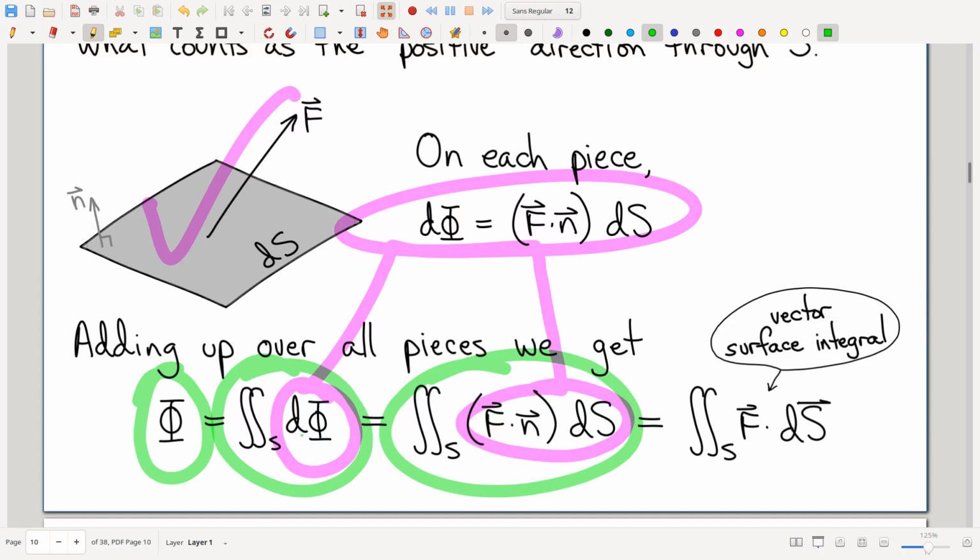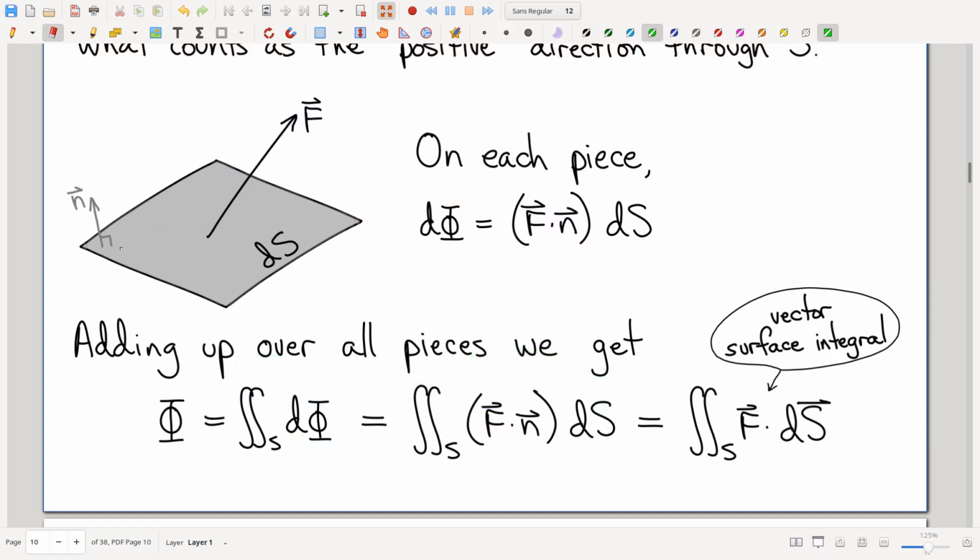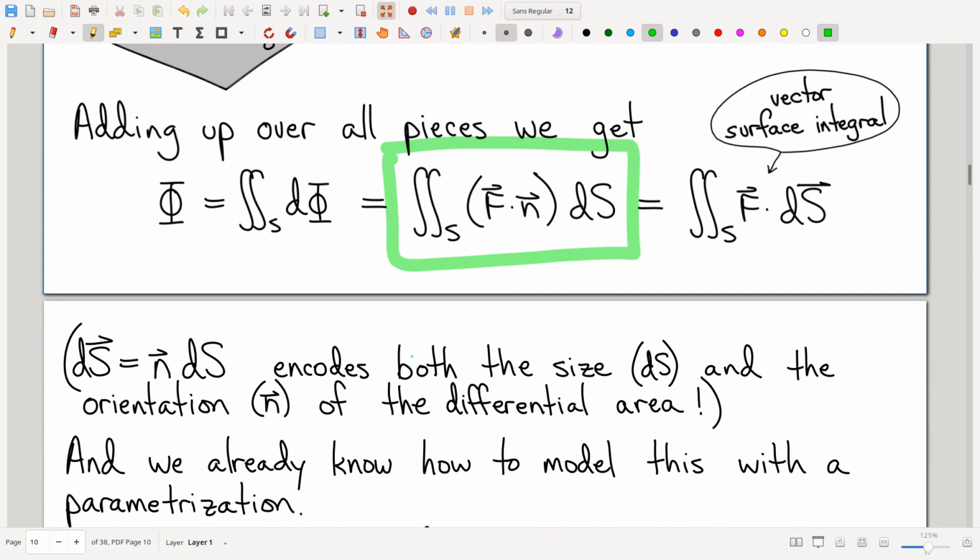Now, this is a little uncomfortable already. Let's look at this formula right there. Our differential is dS. That's a scalar. That's nice. That feels right. That's familiar. But now look at our integrand. The orientation matters. This orientation is, again, kind of arbitrary.